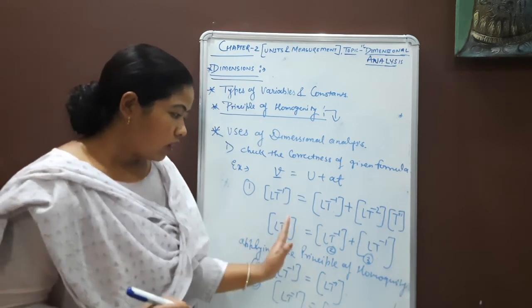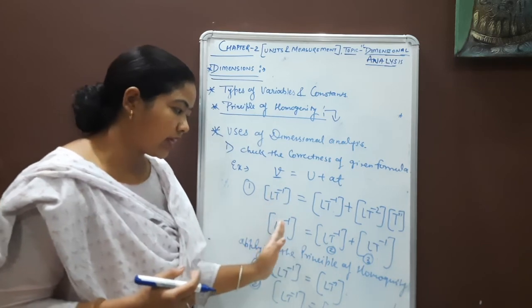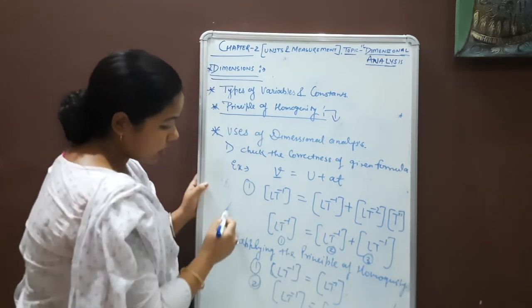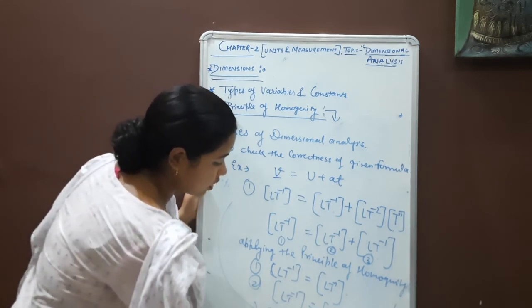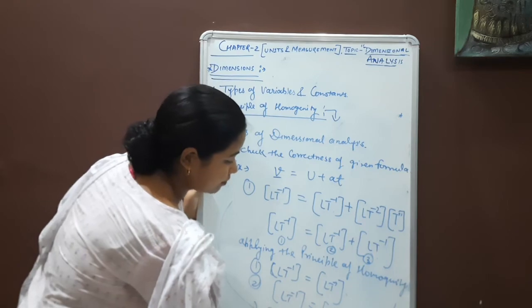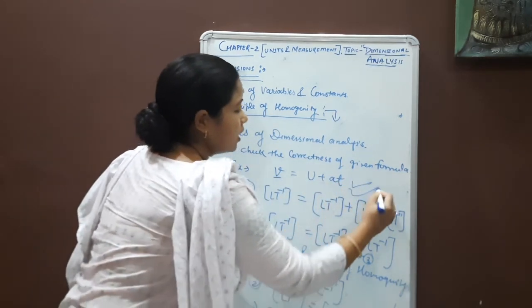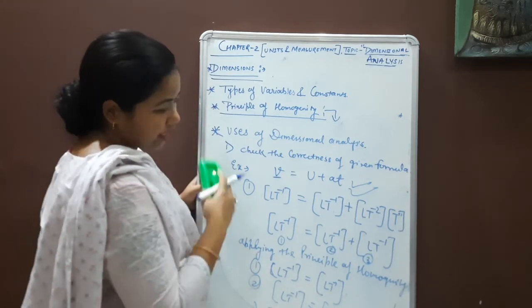So in conclusion we can say the left hand side dimension is equal to the right hand side dimension. So this formula is dimensionally correct. This given formula is dimensionally correct. Done.